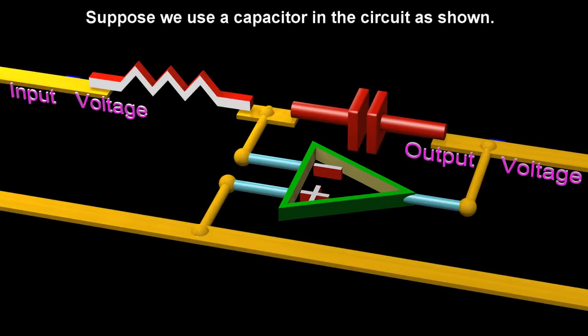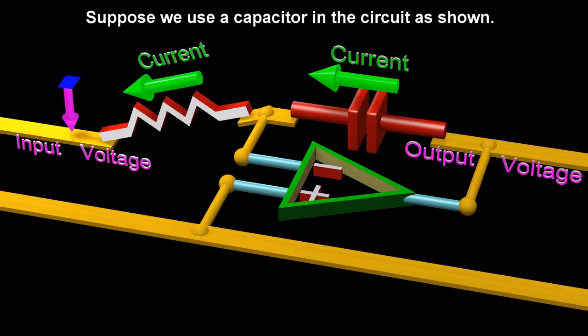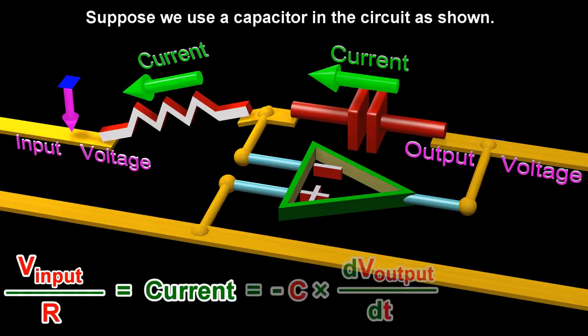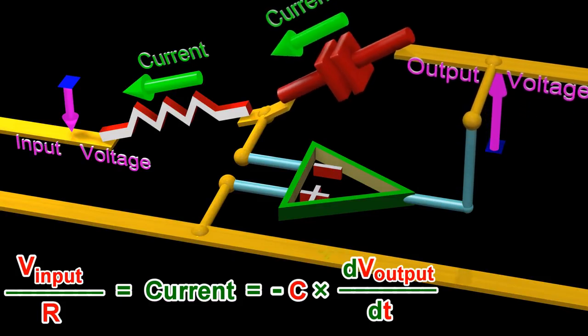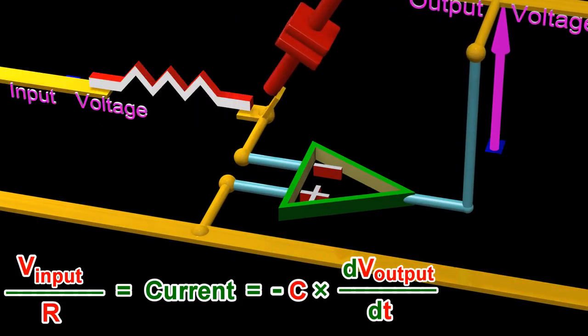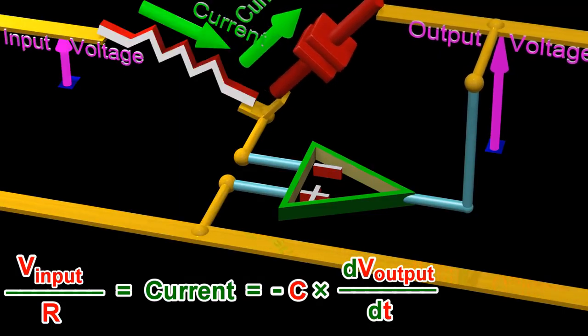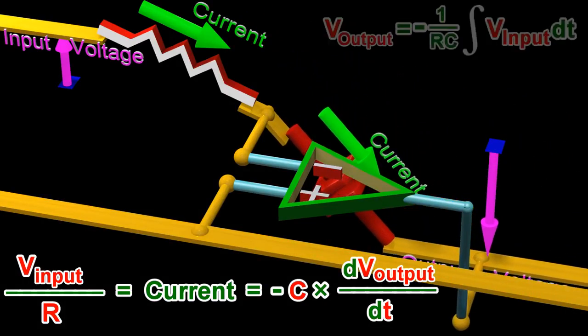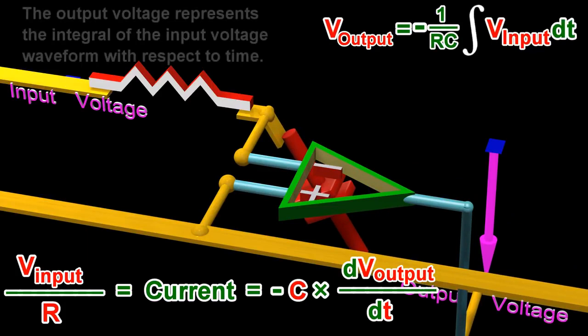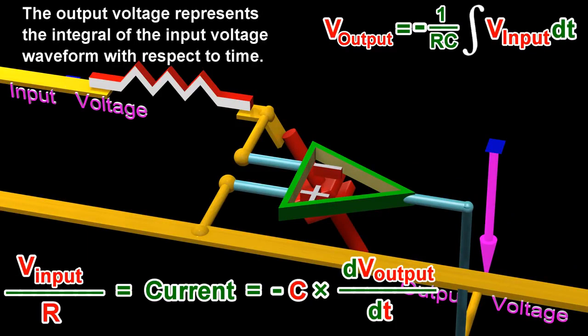Suppose we use a capacitor in the circuit as shown. The output voltage represents the integral of the input voltage waveform with respect to time.